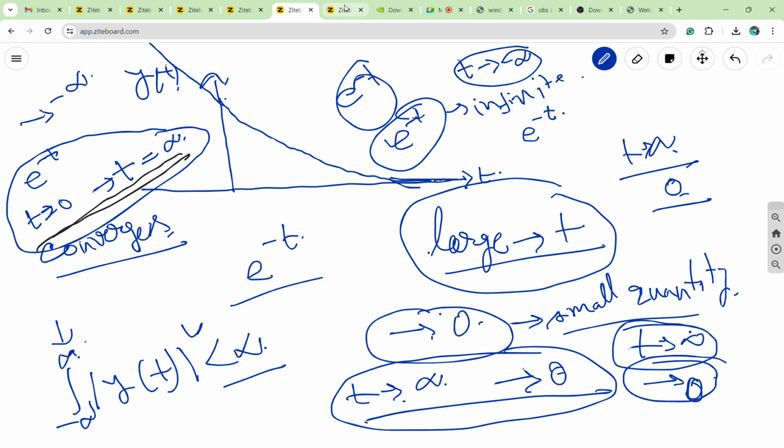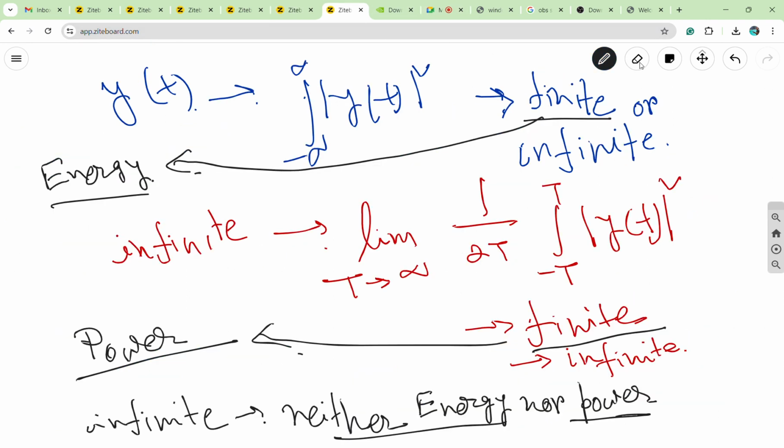It does not have any component on the left side of t equals 0. Oh, okay. Okay, so the next question.